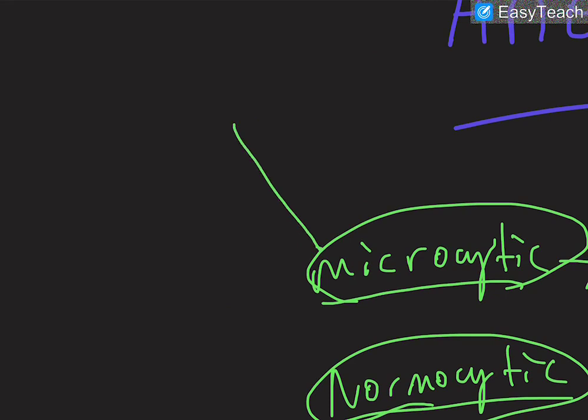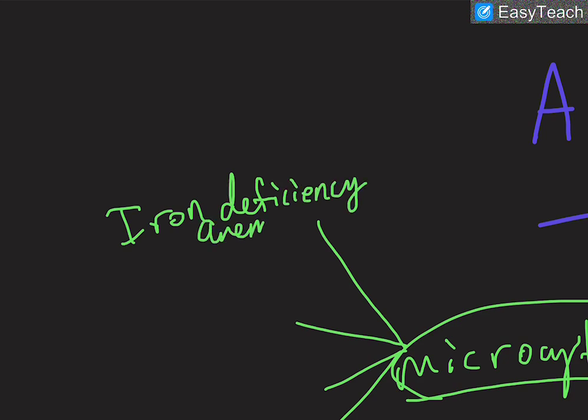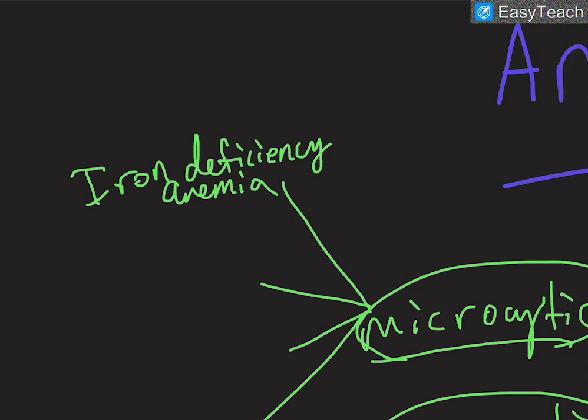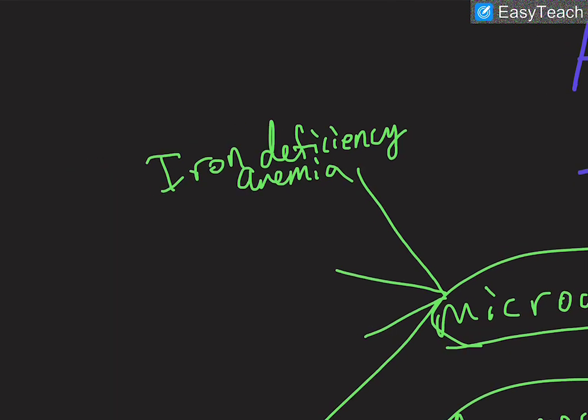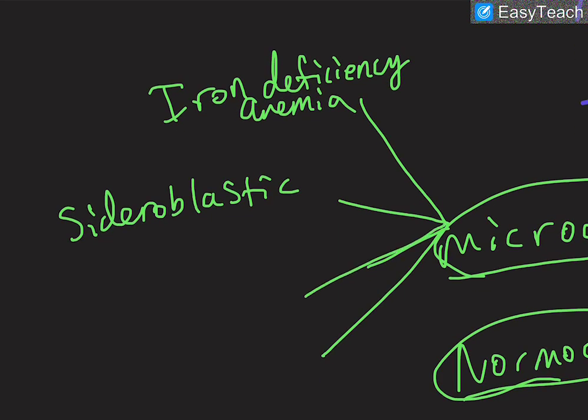We have four main types of microcytic anemias that we should be familiar with. The first type, which is what we're going to be talking about in this video, is iron deficiency anemia. Another type is called sideroblastic anemia. Another is called thalassemia.